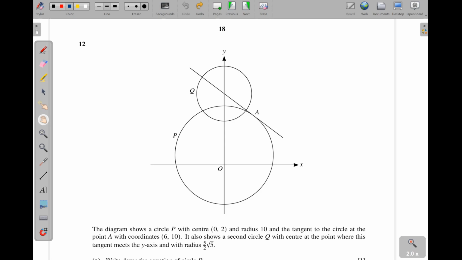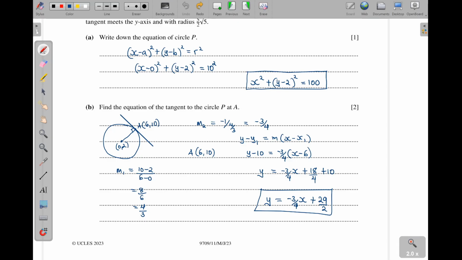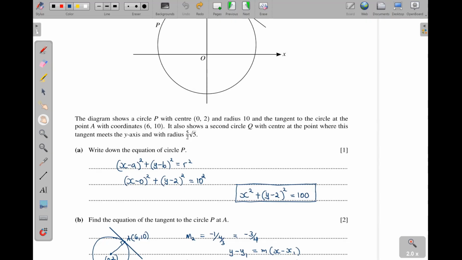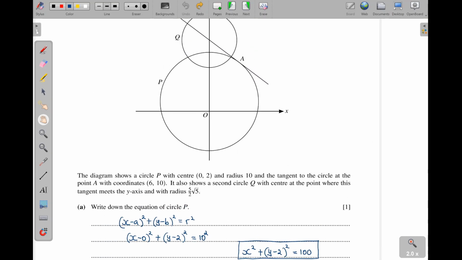Now, they told us that the second circle Q has its center at the point where the tangent meets the y-axis. This tangent we have gotten meets the y-axis at 29 over 2. So that is where its center is.